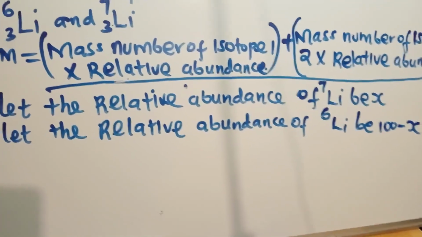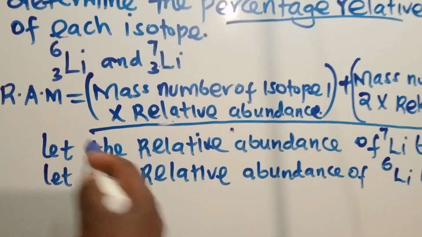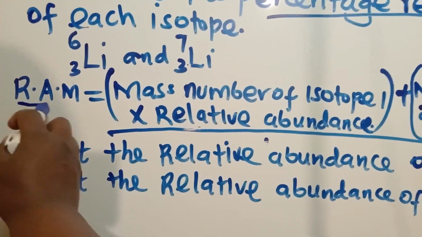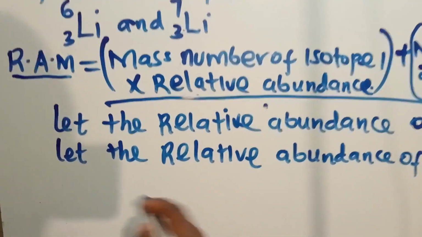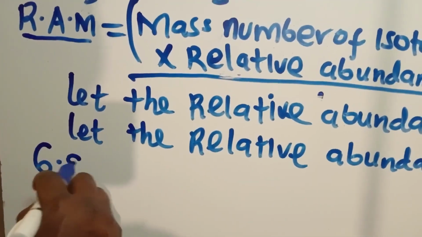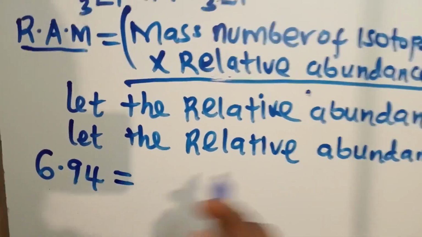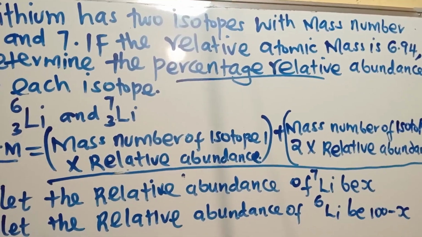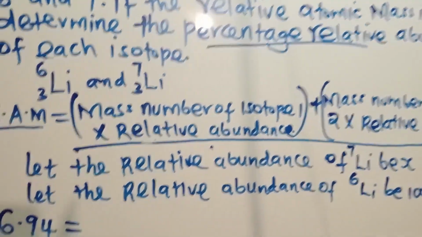Then we begin the question from how we have arranged the formula. Where we have RAM, we put 6.94, because in the question the relative atomic mass was already provided, 6.94.